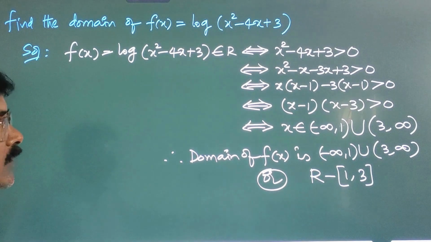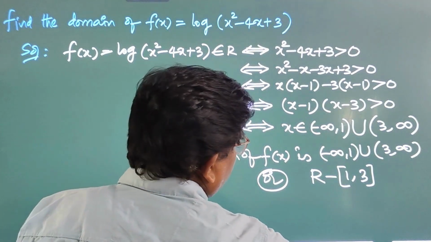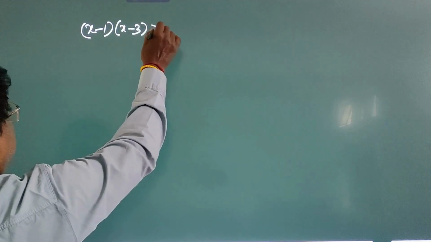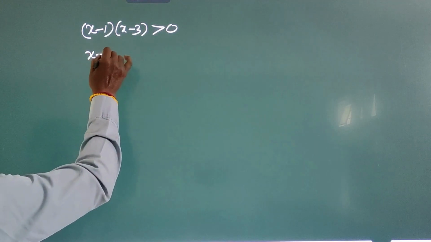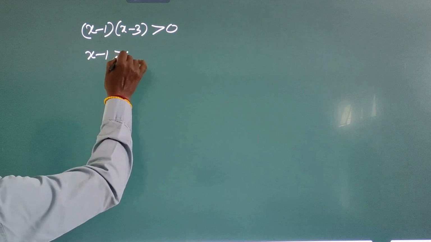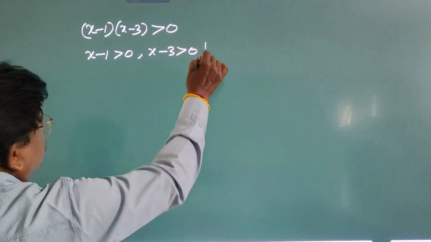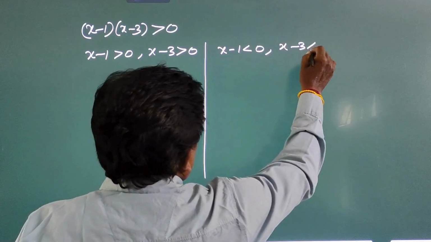Or if x minus 1 into x minus 3 is greater than 0, the product is positive. That means x minus 1 is greater than 0 and x minus 3 is greater than 0, or x minus 1 is less than 0 and x minus 3 is less than 0.